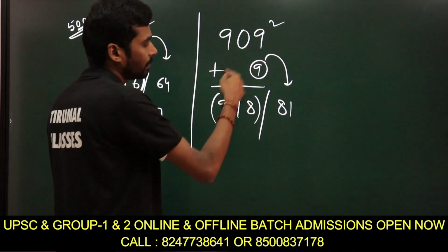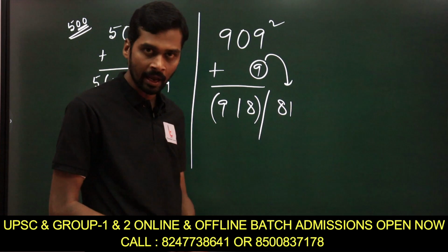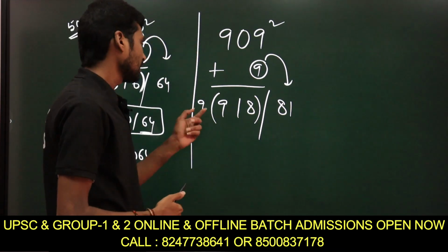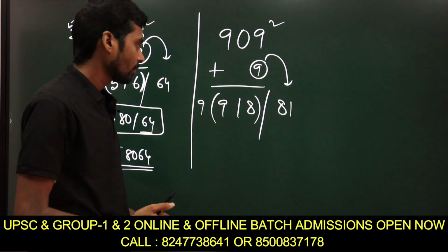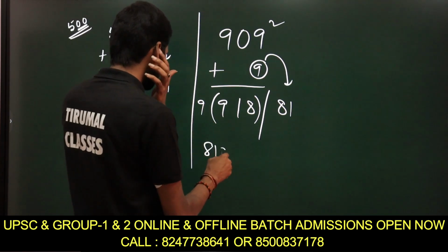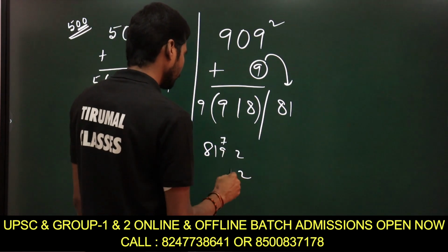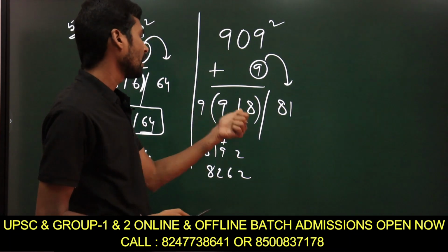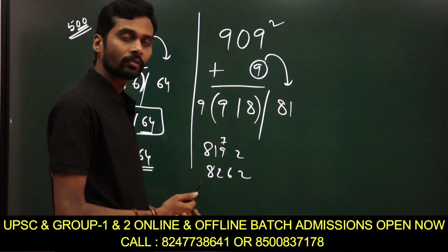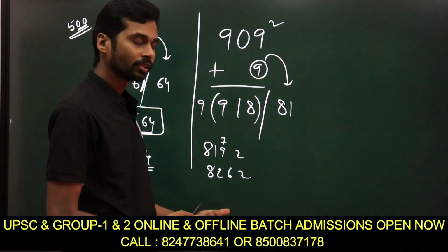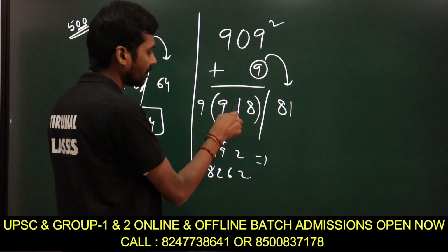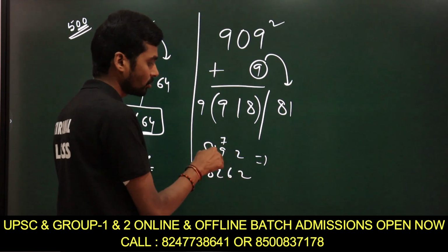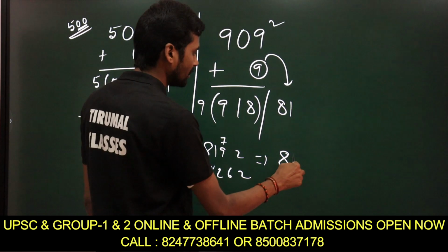Since this number is nearer to 900, you have to multiply 918 with 9. 9 times 8 is 72, 9 times 1 is 9, 9 times 9 is 81, and adding up the carries, the answer is 8262.